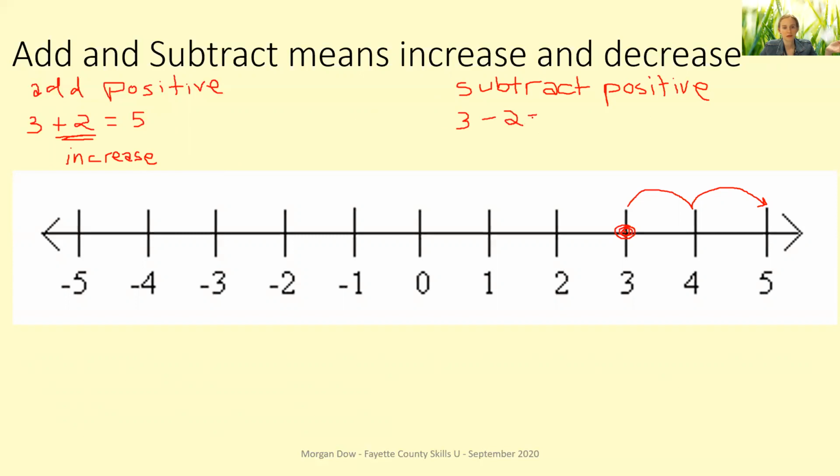And what's the answer there? The answer is 1. And what does that look like on the number line? Well, that means our starting point is 3. And then instead of adding 2, I am subtracting 2. So I'm going down 1, 2. I am decreasing by 2. So subtracting a positive number tells me to decrease.